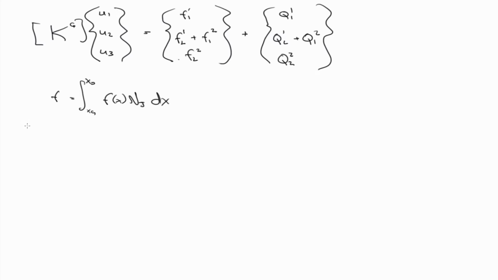So if we look at an example of a bar with an irregular cross-section, of course in this case, if the cross-section is something that we can easily describe functionally, we should, right?